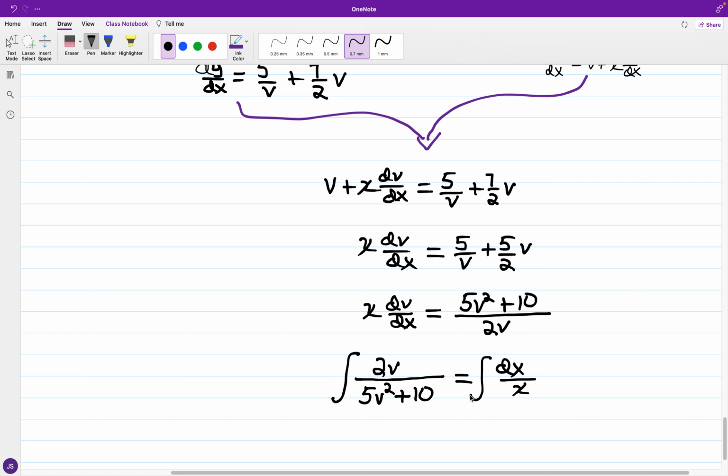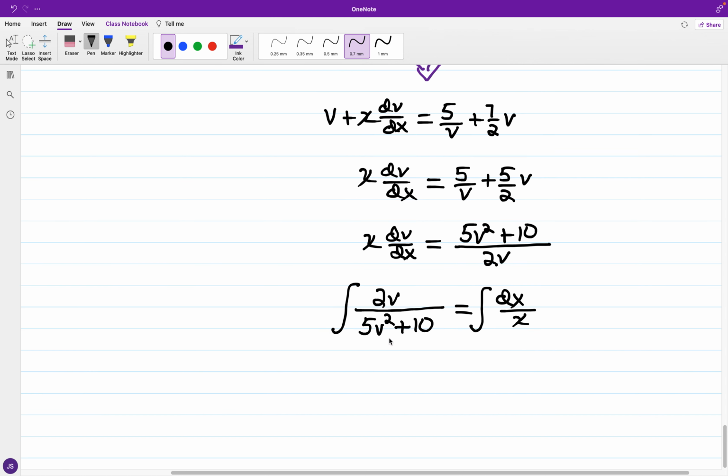And looking at integrating, I'm going to bypass the use of substitution in terms of giving the explicit detail. But now I have the derivative of 5v squared, that would be 10v, and 2v over 10v is going to be 1/5.